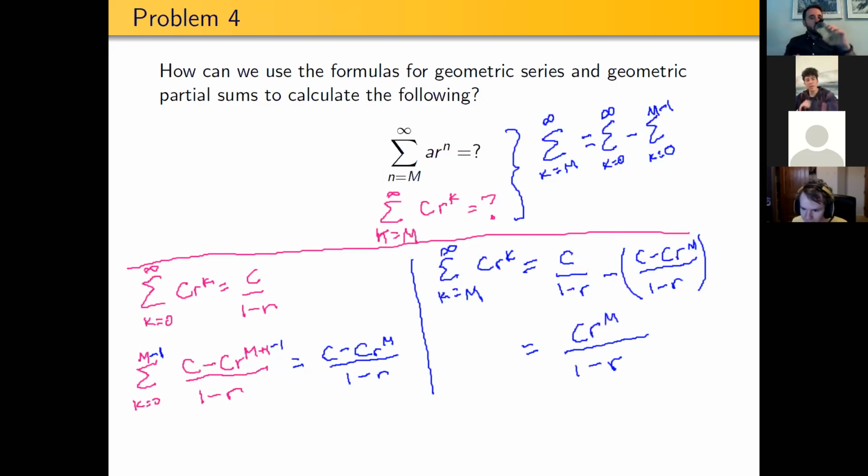And can you tell me again why it's m minus 1? Is it because it cancels the 1? You mean for this right here? Yeah. So the idea there is that if I want to start at the mth element, I have to eliminate all of the elements that came before that. So if I want to start at the mth element, I have to eliminate all of the elements up to and including m minus 1.